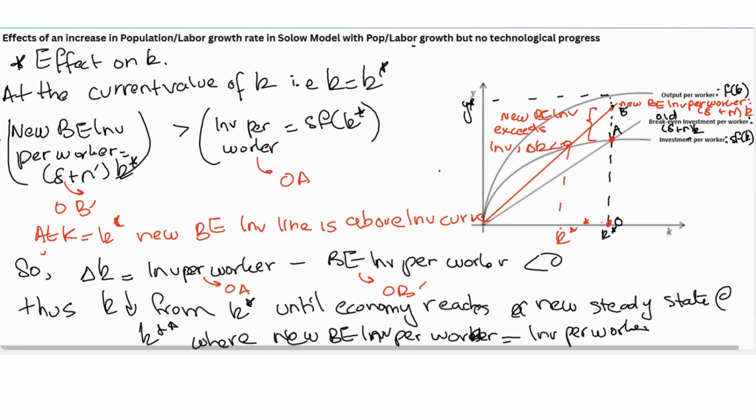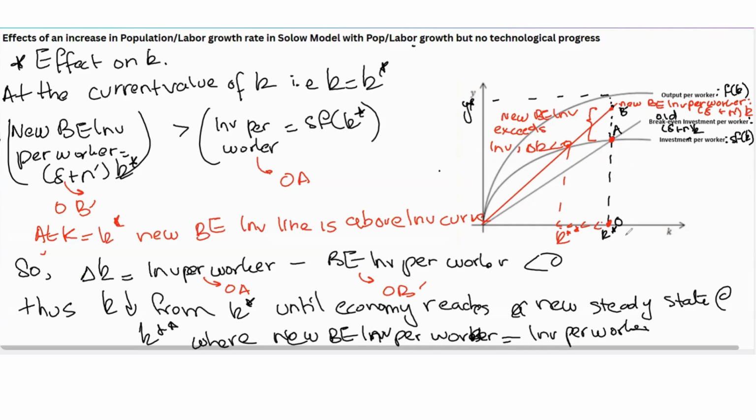So, looking at the change in capital per worker: you start off at k equal to k star, and then when the population growth rate increases, that causes the break-even investment line to rotate upwards.